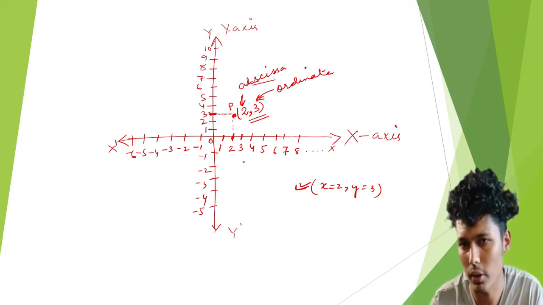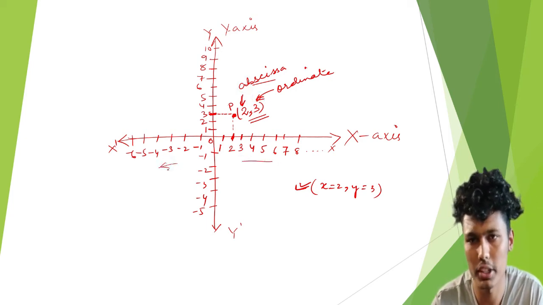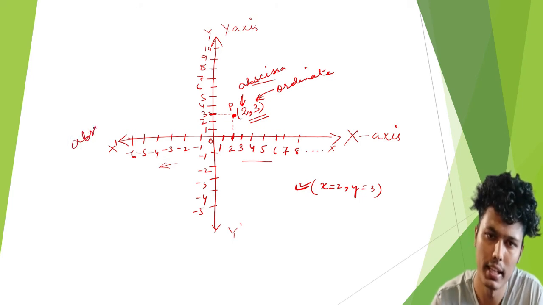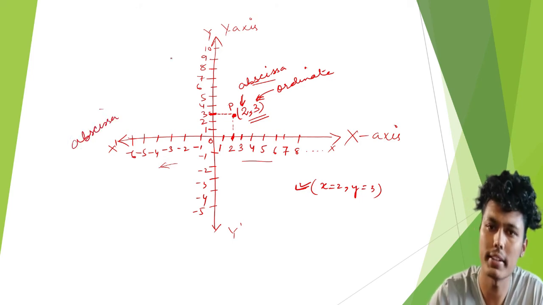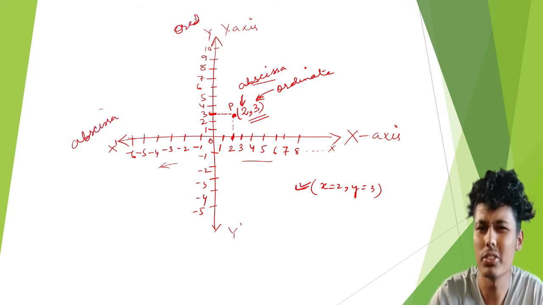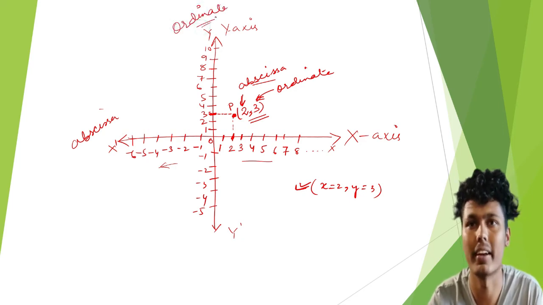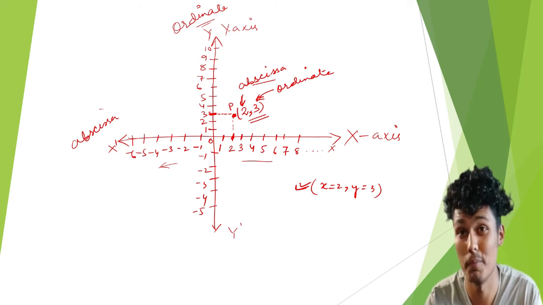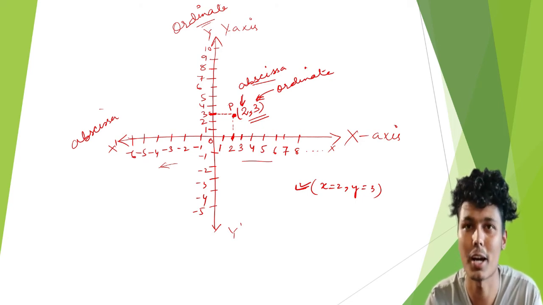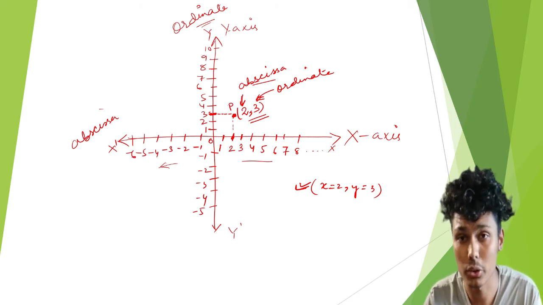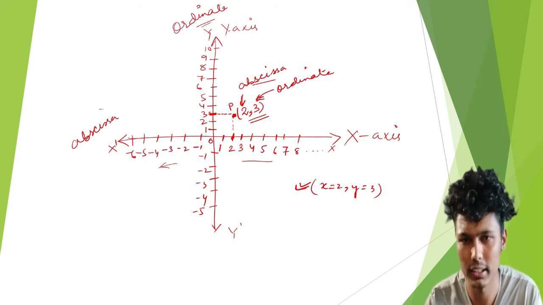So the x side, positive or negative, is called abscissa, and the y side is called ordinate. It is not that important to remember abscissa and ordinate. If you can remember, that's well and good, but it doesn't matter at all. After you do many questions, it's not counted much. So that's all. I hope you understood how to plot.